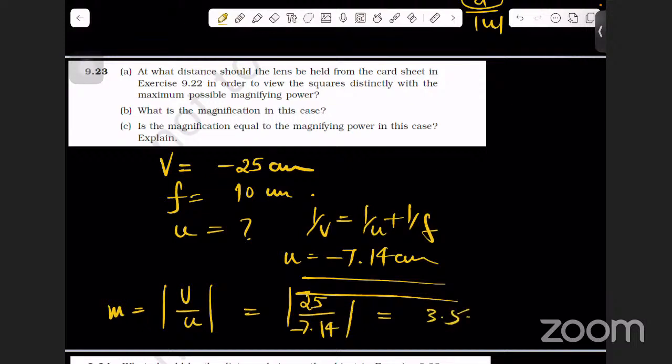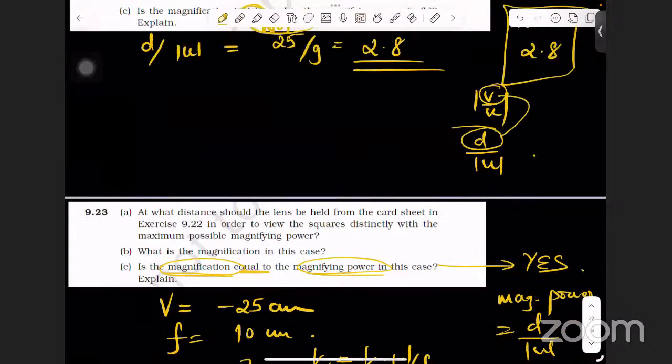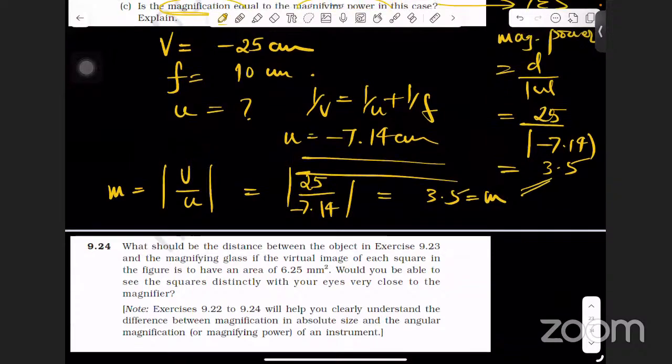That's the magnification. And magnifying power is d by mod u, right? 25 divided by mod of minus 7.14, which is again 3.5. So you can see very well that the magnification is equal to the magnifying power in this case. I told you only when v will be equal to d, then only these two will be the same.